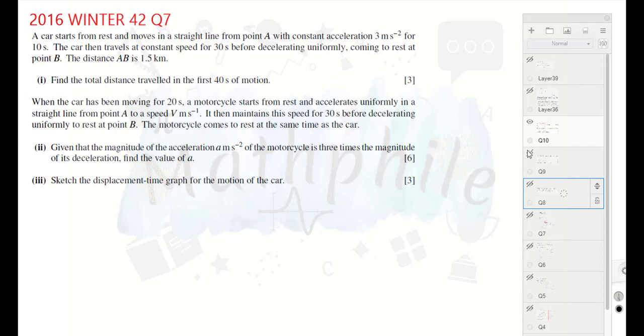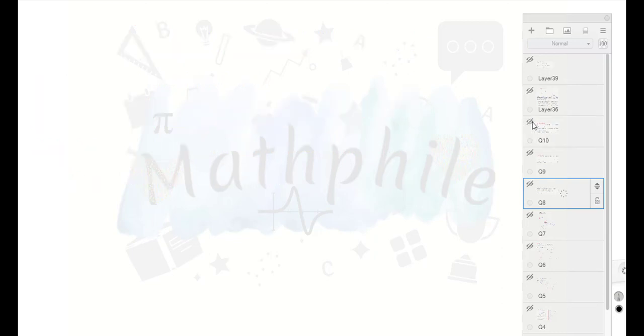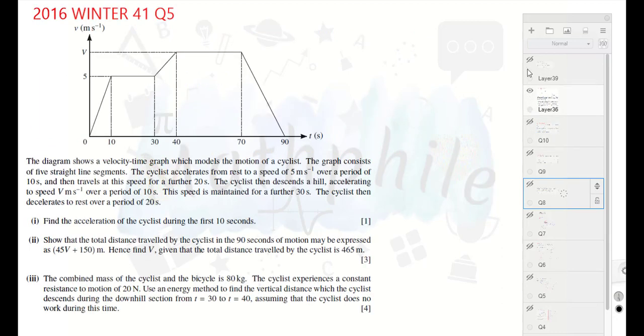Then question 10. These two questions I have not gotten the year yet, that's why I have not indicated that. So maybe we keep on solving the past questions. Like I said, if you master this one, this will be very easy for you.